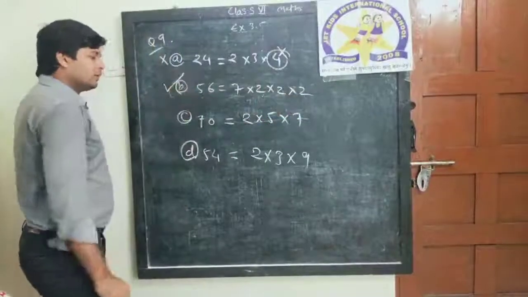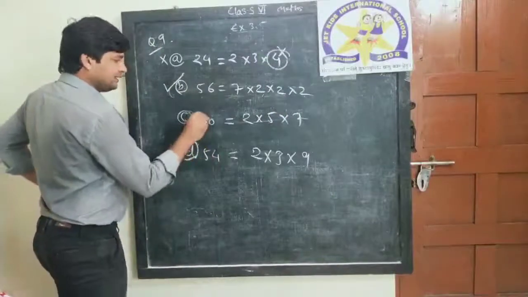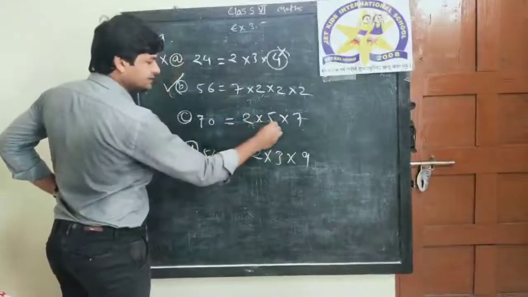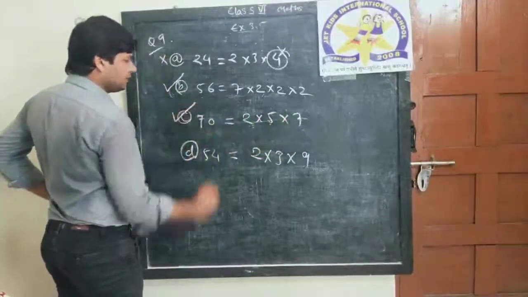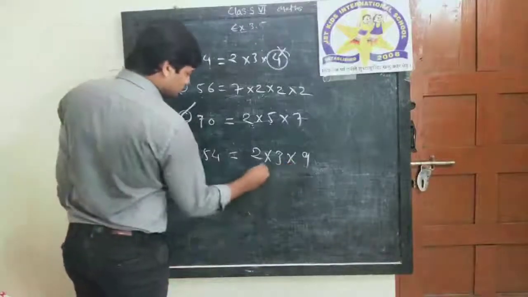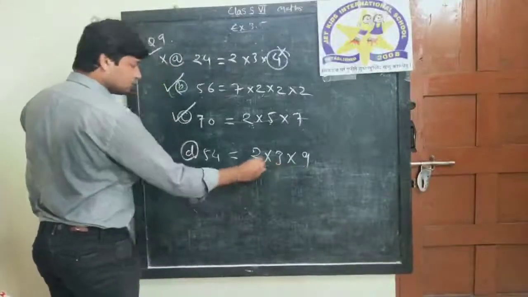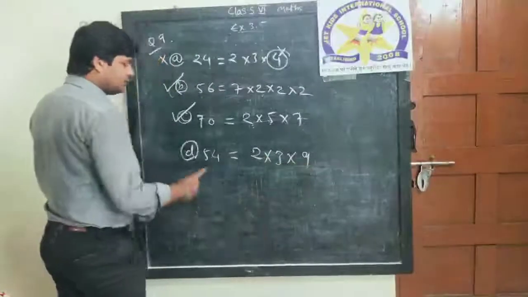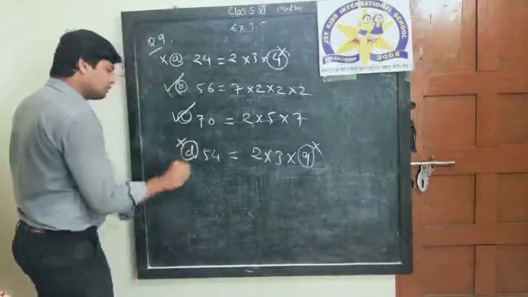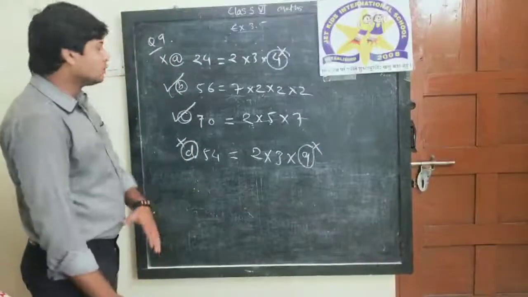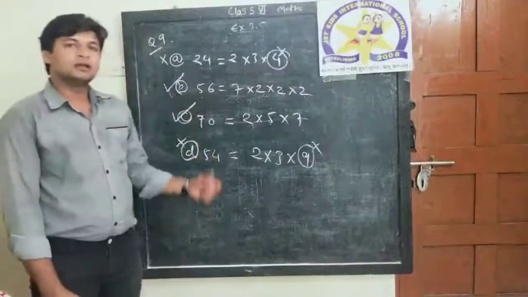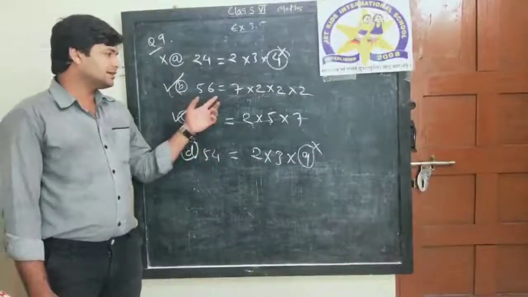Yes, B. And 70: 5 2s are 10 multiplied by 7 is 70, and each and every number is prime, so it is also prime factorization. Here 2 times 3 is 6, 6 multiplied by 9 is 54, but 9 is not a prime number, that's why it is not prime factorization. So you will write the answer: in B and C, prime factorization is used.